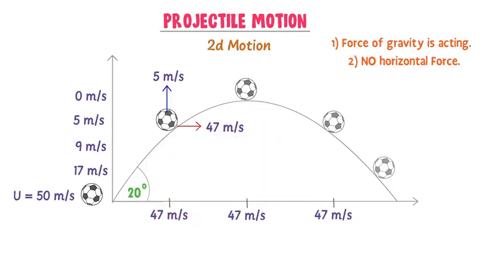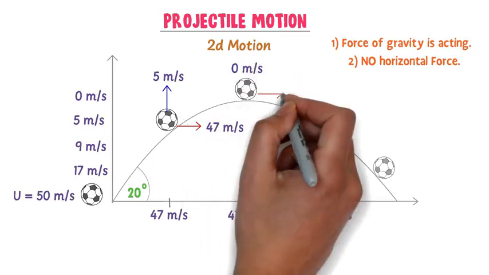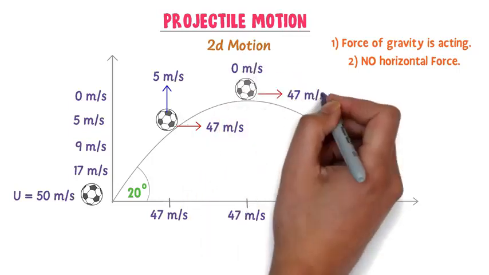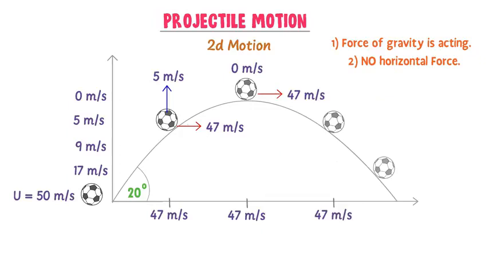At maximum height, the vertical motion of the ball becomes 0, but the horizontal motion of the ball is still 47 meters per second. Remember that at maximum height, the motion of the ball is not 0 because the ball still moves with 47 meters per second in the horizontal direction. Only the y component or vertical component of motion is 0.